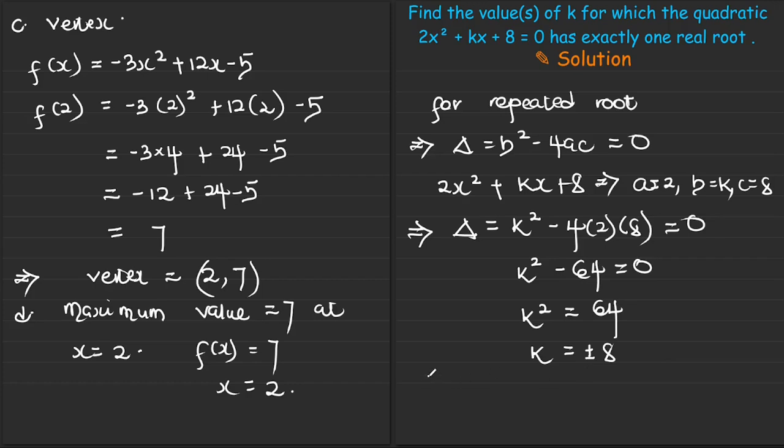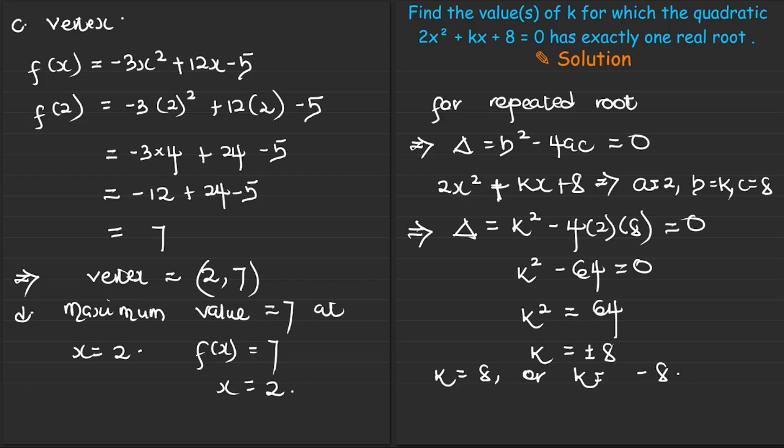So we can say that k is equal to 8 or k is equal to negative 8. Now, it is best you test and see whether it works or not. I'll leave that for you to do the testing and let me know in the comment section. But for now, they both satisfy. So the values of k are either 8 or negative 8.